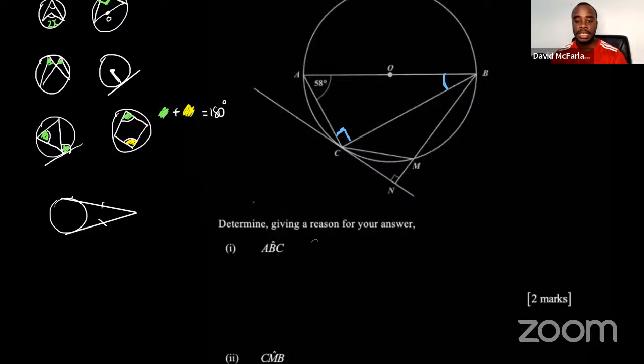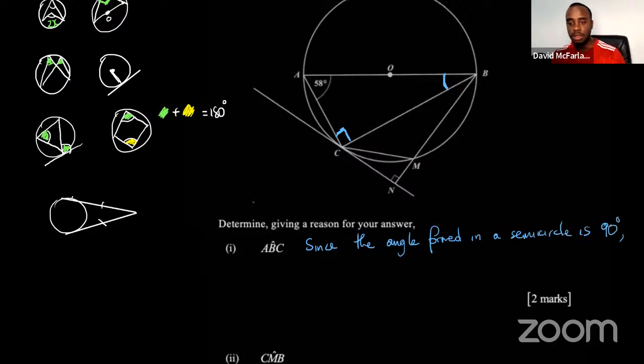So what's our reason now? Since the angle formed in a semicircle is 90 degrees, then the angle ACB is 90 degrees, which means that ABC is equal to 180 minus 90 and 58.